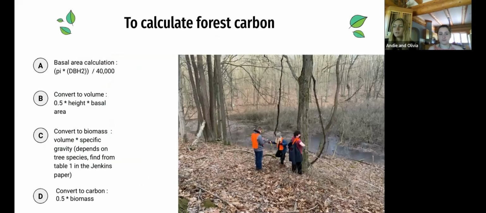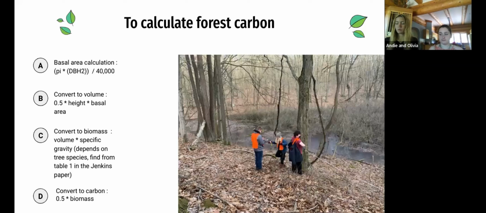So we used AI to figure out our basal area, which was our plots. Our basal area calculation was pi times diameter at breast height squared divided by 40,000. Then we converted that to the volume. So we did 0.5 times the height times the basal area. Then we converted it to biomass.